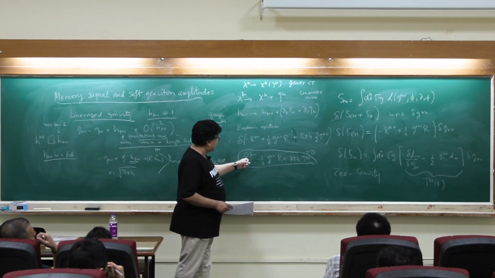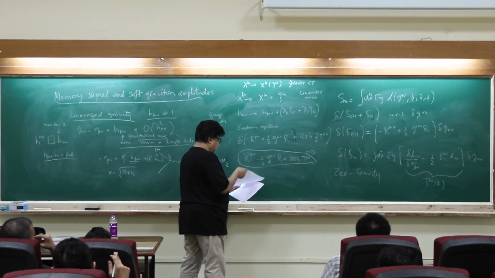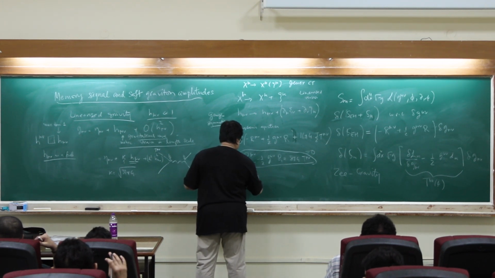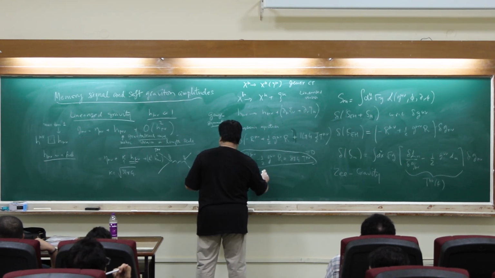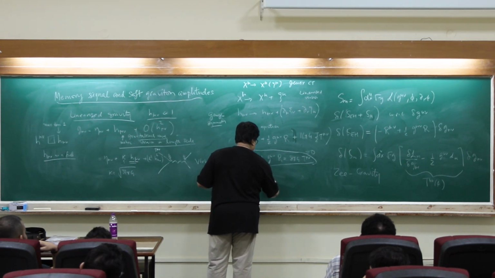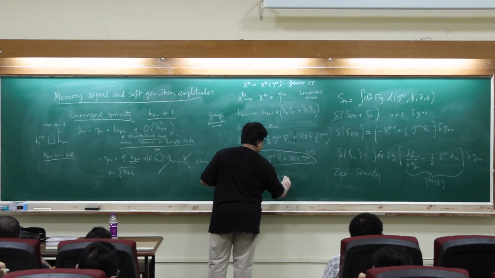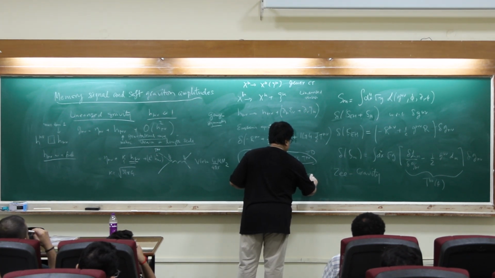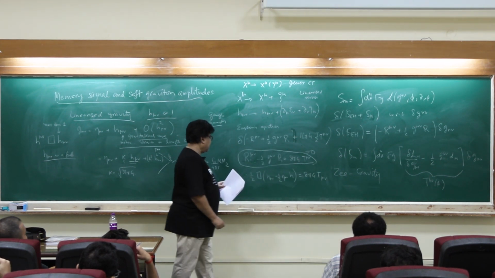And now if I use linearized gravity, okay, starting from here, what I get is this side goes to minus half of h mu nu minus, this is what, okay.